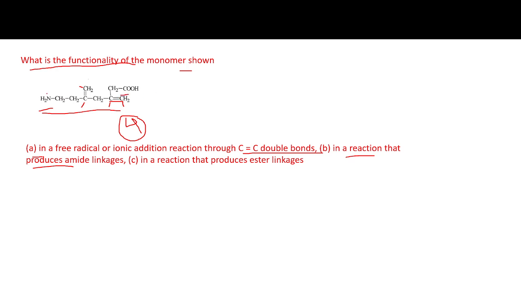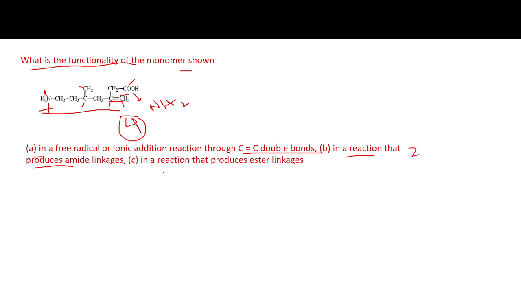From the acid and amine they can produce an amide linkage, and the C double bond OH with an amine from another monomer can also produce that amide linkage. So there is the probability of two amide linkages from the two sides, this side and this side, and the functionality for producing the amide linkage will be 2.